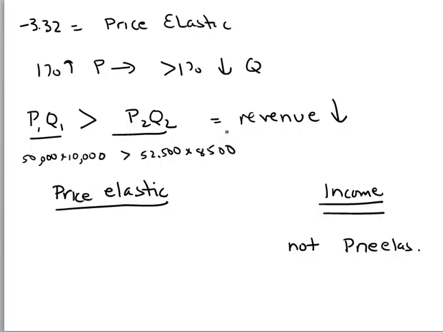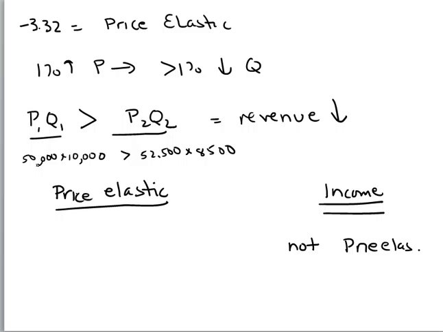We can just check the math and do 50,000 times 10,000 and compare that with 52,500 times 8,500. And indeed, this second number is less. So we have a price elastic good, and it's not a good revenue decision.